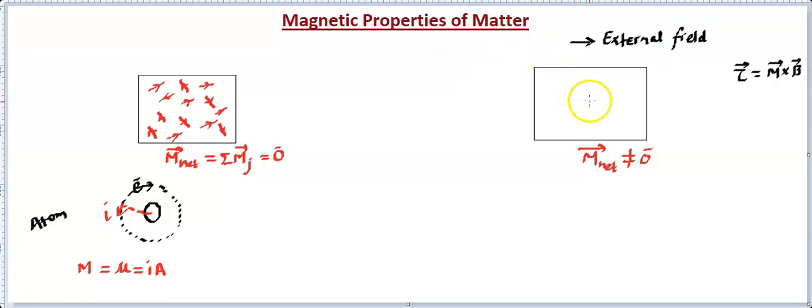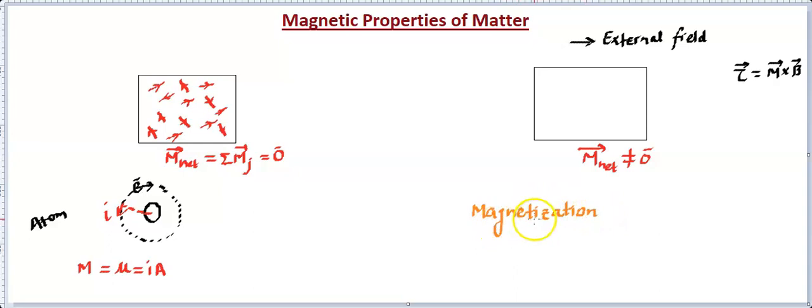Let me add some more points on this. When we do this, there's going to be a dipole moment coming in. So this net magnetic dipole moment can be related with one of the important quantities. We define a quantity called magnetization. Magnetization is very similar to the polarization that we have studied earlier in electrostatics.